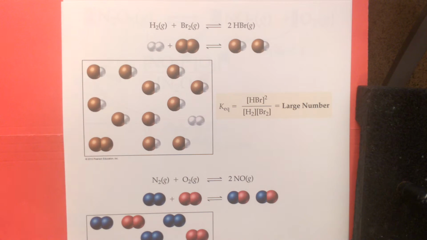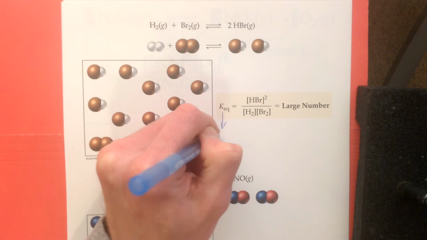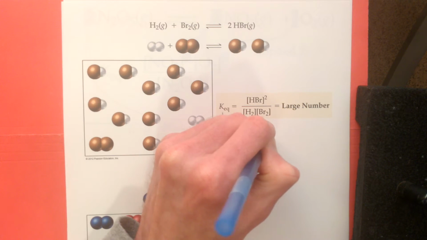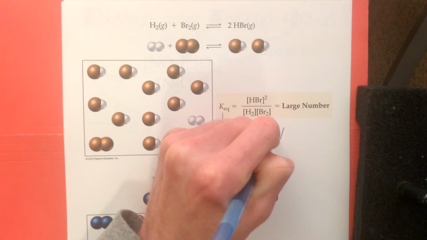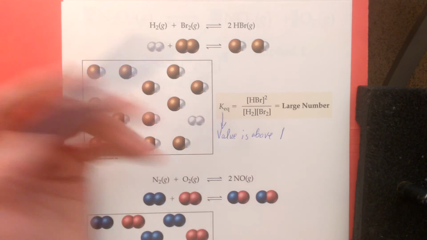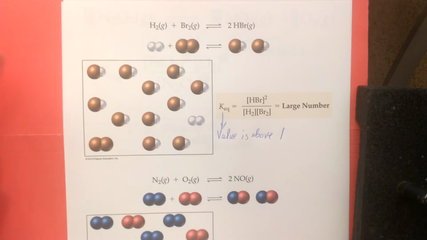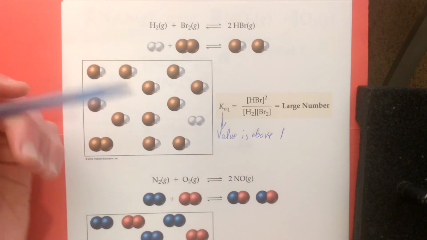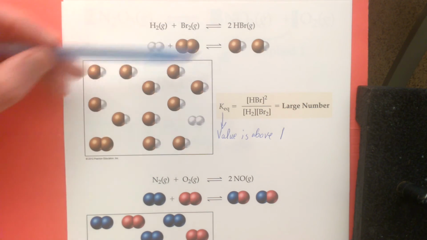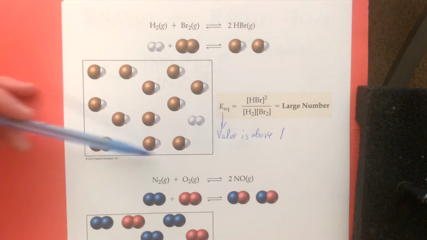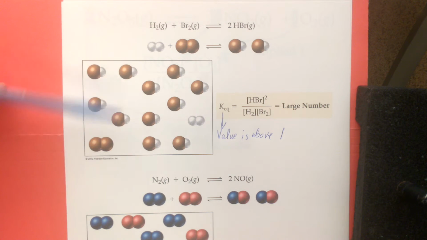When our K value is above 1, or much, much greater than 1, a very large number, say like 5,000, 10,000, 20,000, whatever it may be, far above 1, that is telling us that the product species are the dominant, the most prevalent, the overwhelming majority of species when equilibrium is established, that their concentration is extremely high.